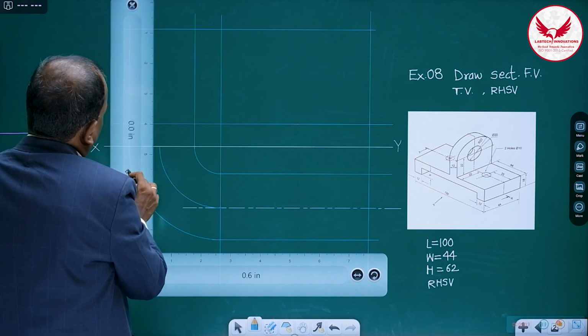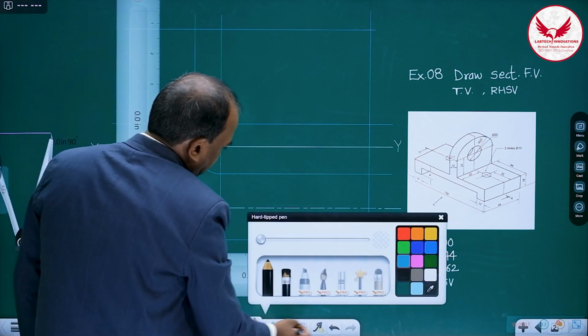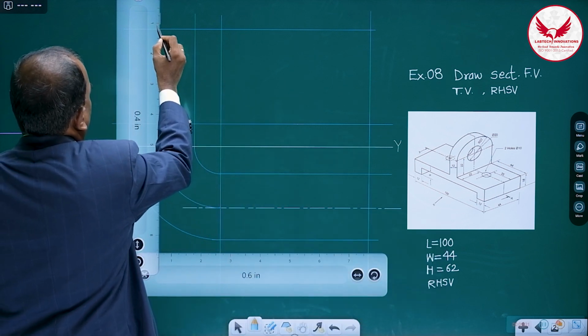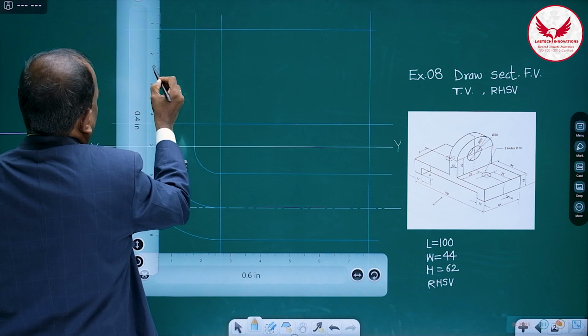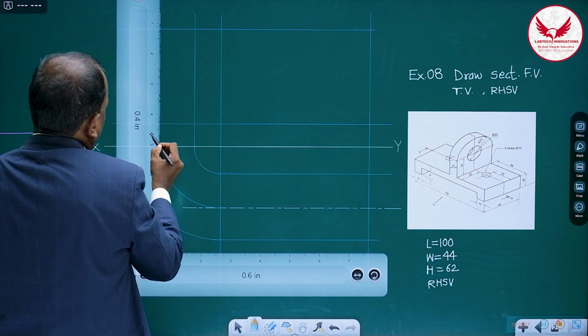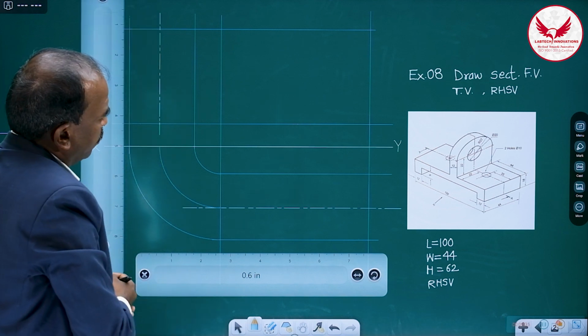And in the side view, draw once again the center line. This is the center line in the side view.